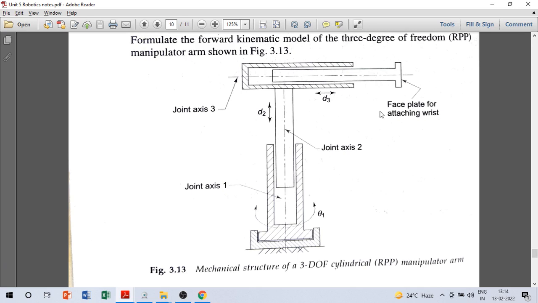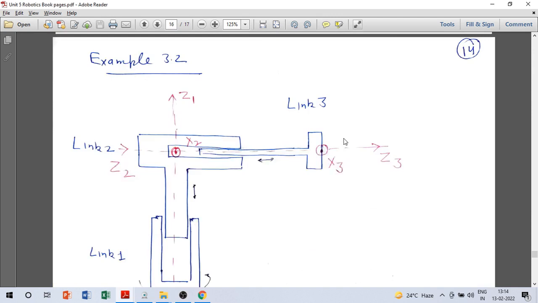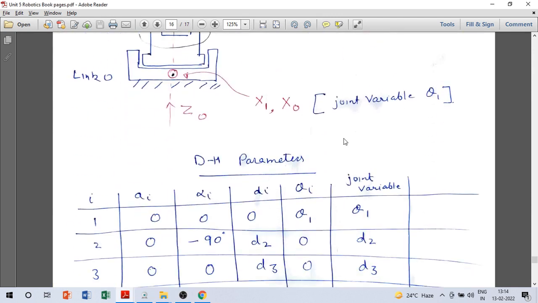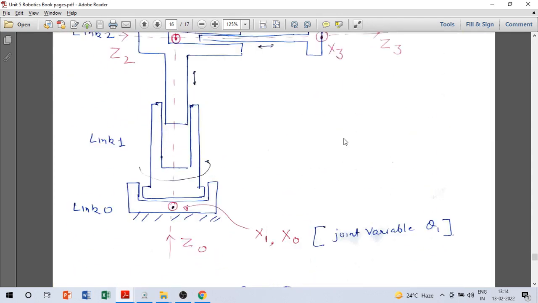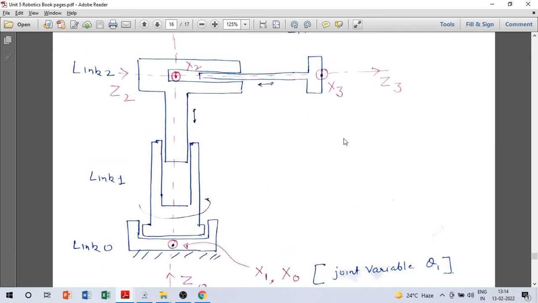So we have to assign the frames for this and work out the DH parameters, those transformation matrices. The procedure is the same. You can label the links starting from link 0, link 1, link 2 and link 3.